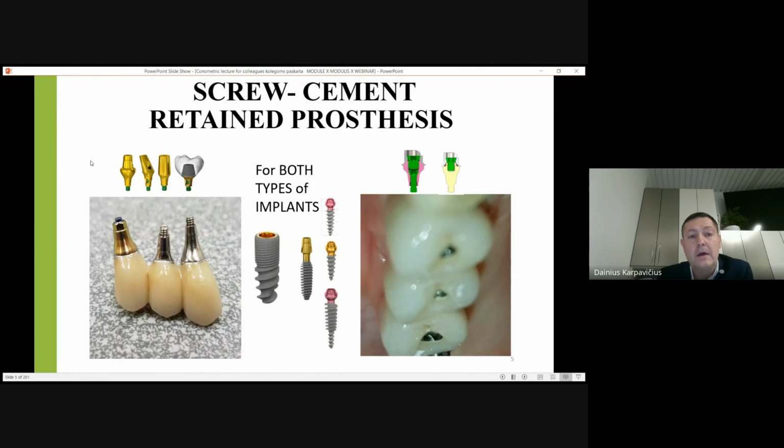That means when the prosthetic doctor or dental technician cements our prosthetic constructions on abutments, no matter if these are T-base or multi-unit secondary abutments, we cement our teeth, our prosthesis, on these abutments, and then we fix it in the mouth with a screw. This is a hybrid screw cement retained prosthetic.